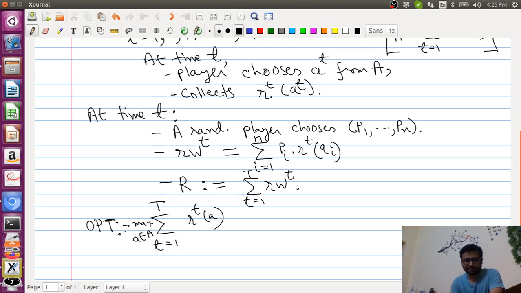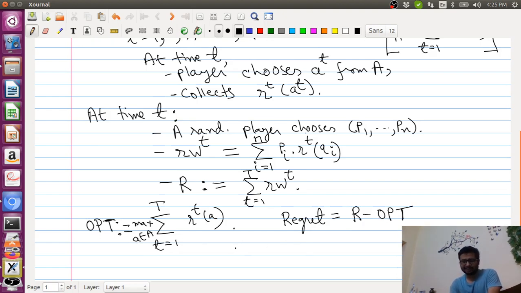So this is my opt, and I'll define the regret to be the difference between opt and R. So I would like to get as close as possible to the reward collected by the best action, so to speak.